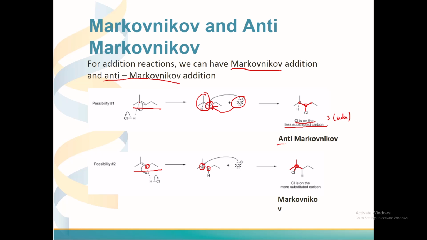And this product is called anti-Markovnikov product or anti-Markovnikov addition. Meanwhile, for the second possibility, the chlorine is attached on the more substituted carbon, which is 4 substitutions, and this is called the Markovnikov addition. So when the more substituted carbon is added with something, you call it Markovnikov addition.